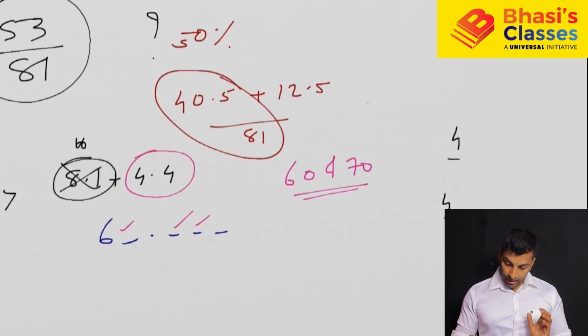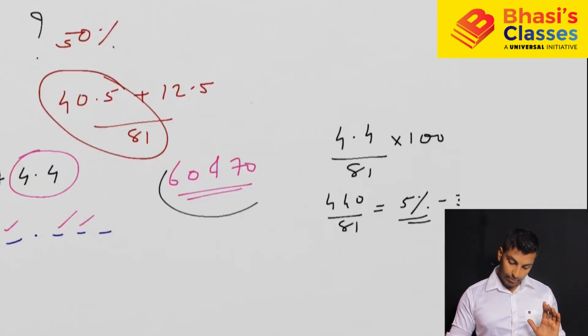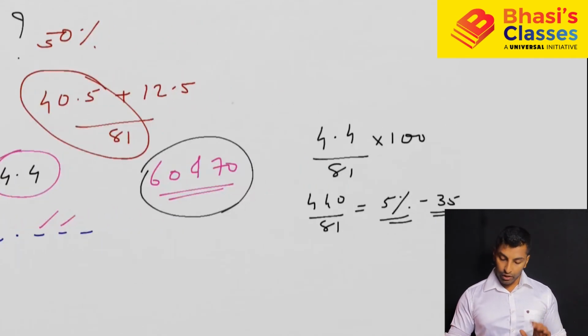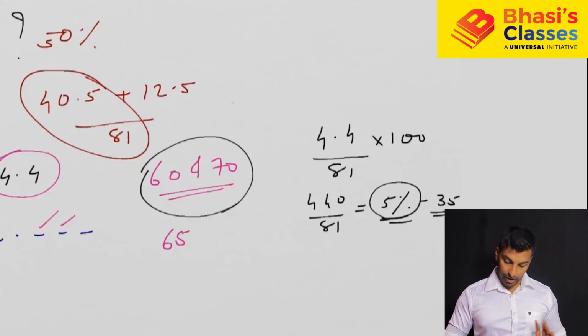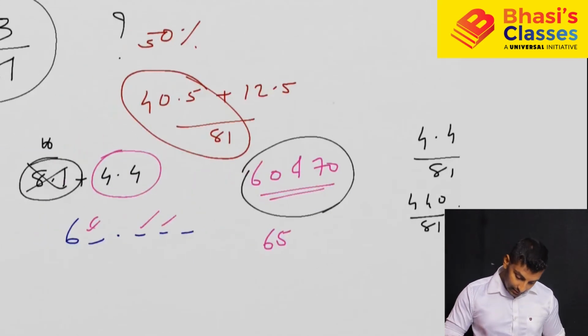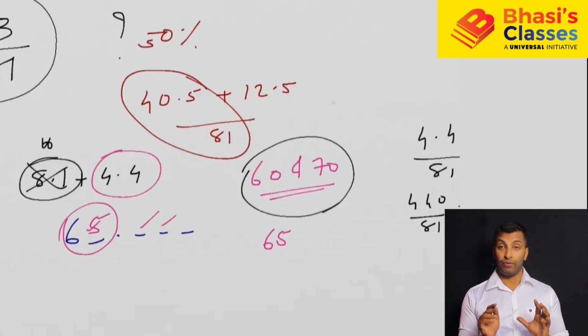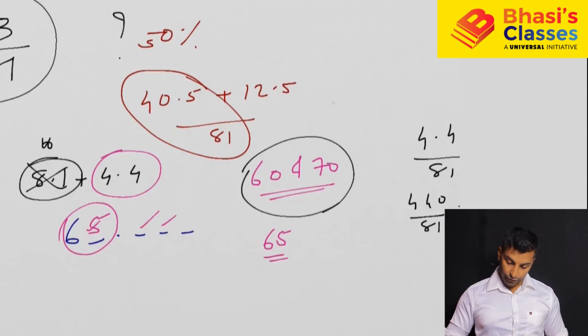So we already know it is between 60 and 70. Now we got 5, so you can conclude it is 65. So this dash we filled with 5. So you understood that it is 65 point something.